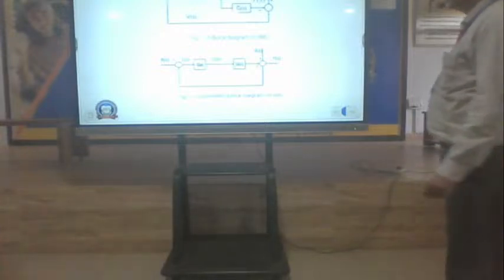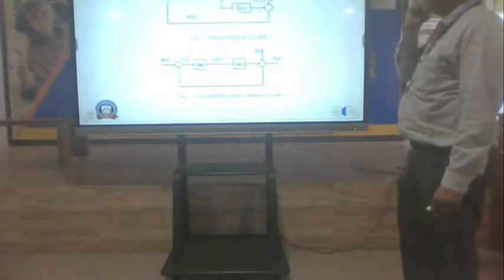So we remove that unstable part, and we obtain a model G tilde. G tilde is the model of the system. Then Q of S is called the internal model control.